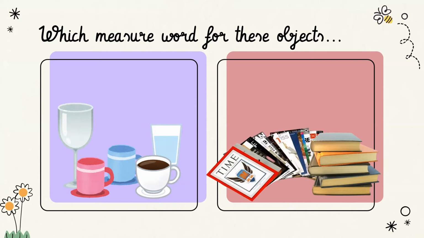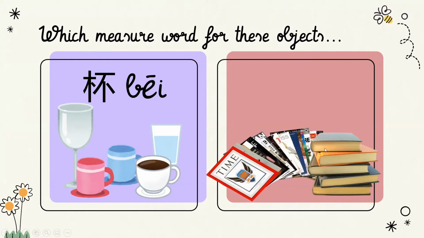In Chinese they are the same, no matter whether it's a glass or a cup. So here we will say 杯. Okay, right? And then here, you can see that those are all books.